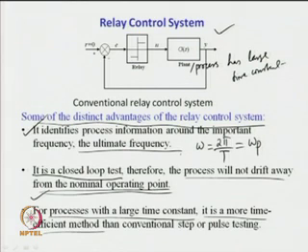Whereas, when we have a relay in place of proportional controllers in the closed loop, we will have no difficulties in obtaining sustained oscillatory output in spite of large time constant in the process. So, it is an efficient method compared to the earlier techniques.